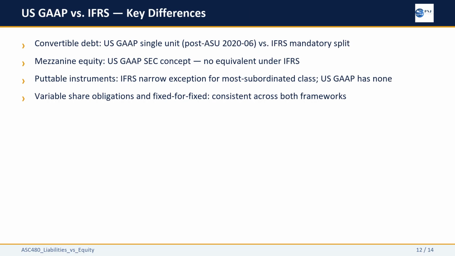When working across frameworks, 3 key differences between US GAAP and IFRS matter most. First, convertible debt. US GAAP post-ASU 2020-06 treats most convertibles as a single liability unit, no bifurcation. IFRS mandates split accounting, which significantly increases interest expense on the same instrument. Second, mezzanine equity does not exist under IFRS.